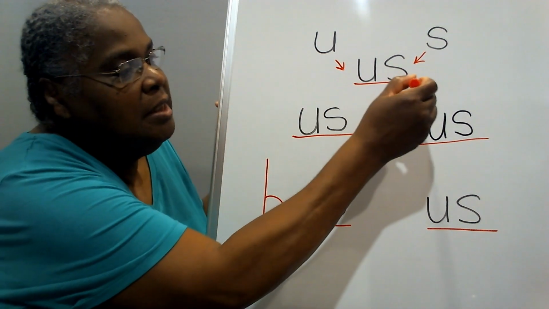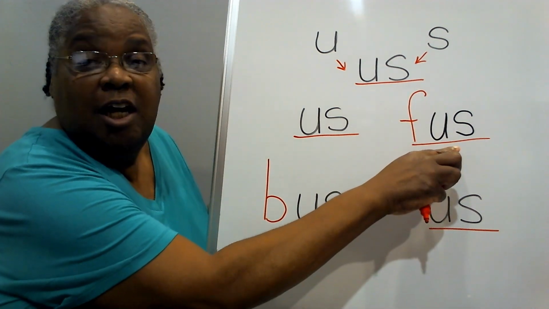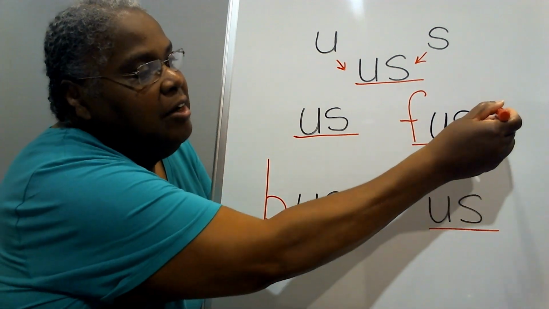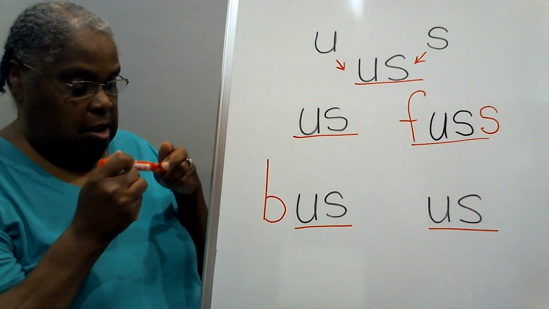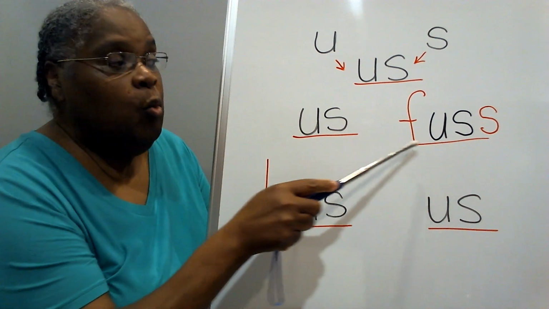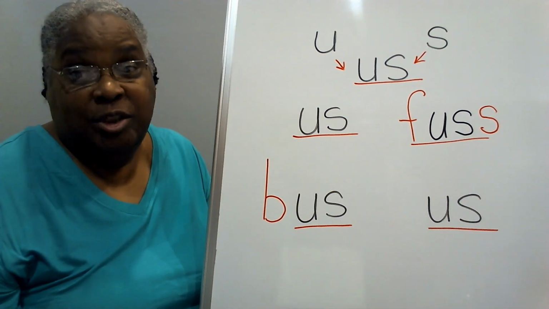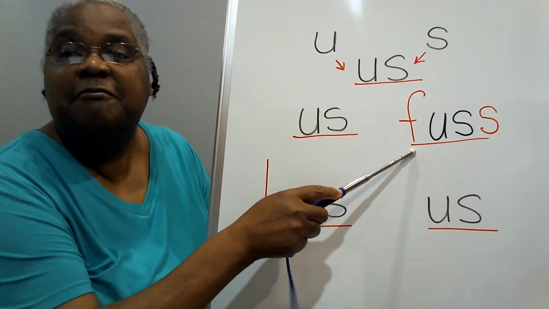When we put the letter F at the beginning of the blend, us, and we put the letter S at the end of the blend, us, we form the word fuss. Let us sound out the word together. Say the F sound.